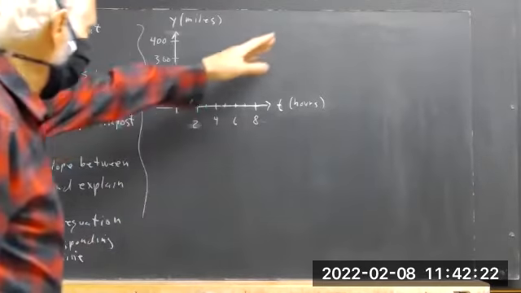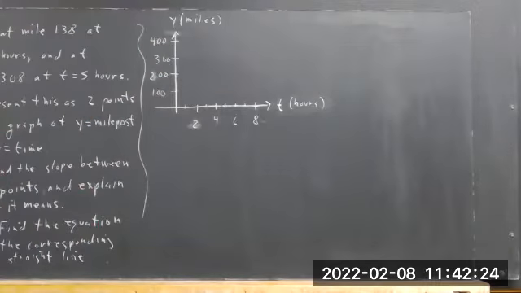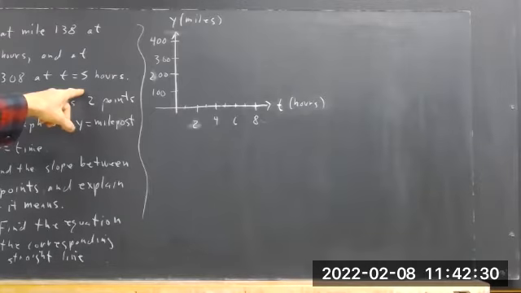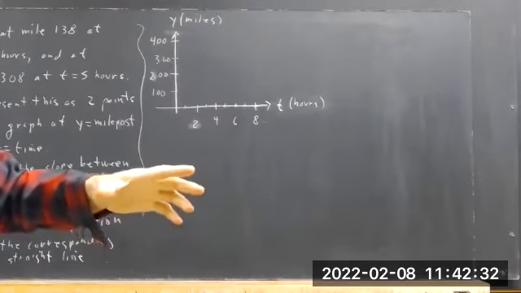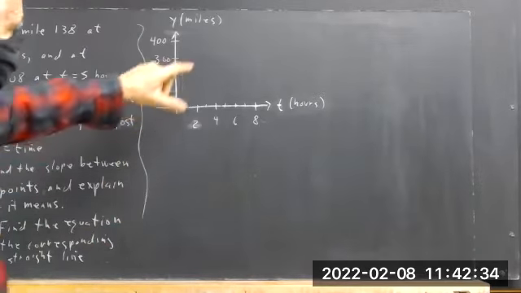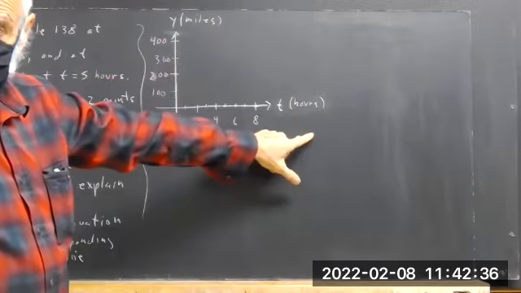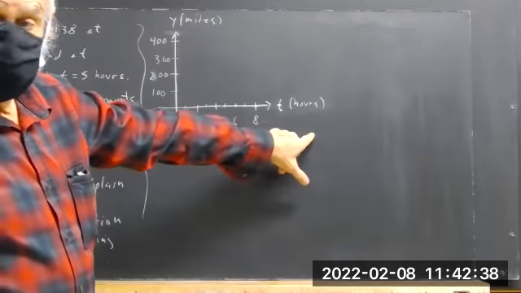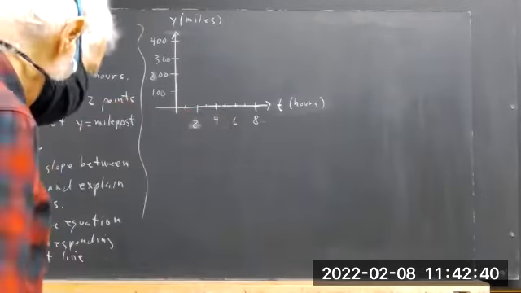If I extrapolate out to 8, I'm probably going to get something more than 400, but that's okay. Now, we put our information on here, and you'll do well with this, okay? But you make sure that you're labeling the axes with what they should be.